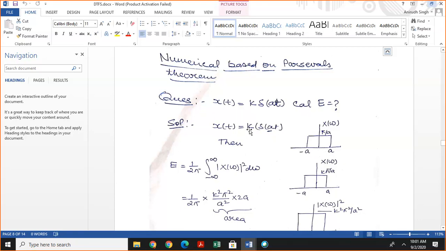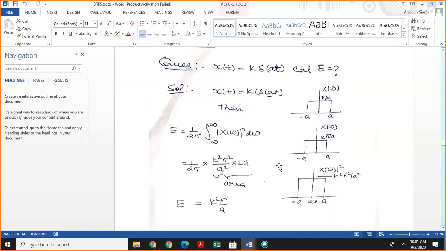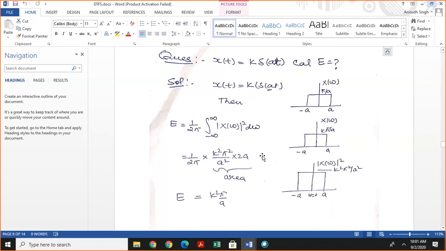Since this is multiplied by k, we multiply this rectangular pulse by k. So the height of this rectangular pulse is k multiplied by pi by a, and from 0 to plus a is the bandwidth of this sampling function.